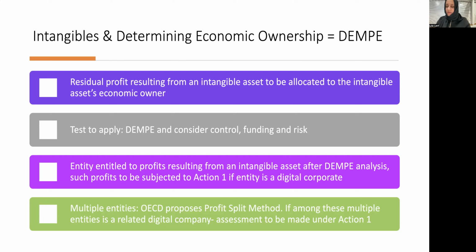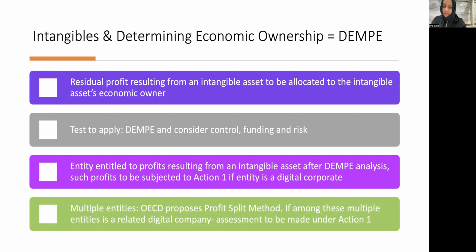This is all about figuring out value creation as part of applying digital taxation under Action 1. Now, the determination of the functions performed and the consideration of the factors are combined in a DEMPE analysis.